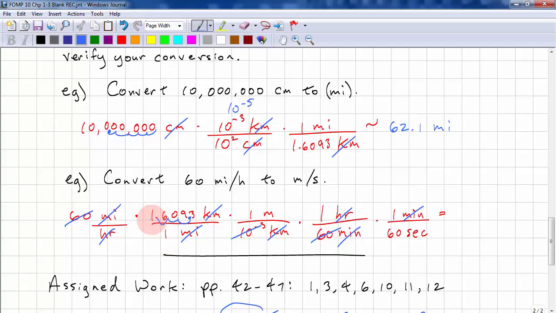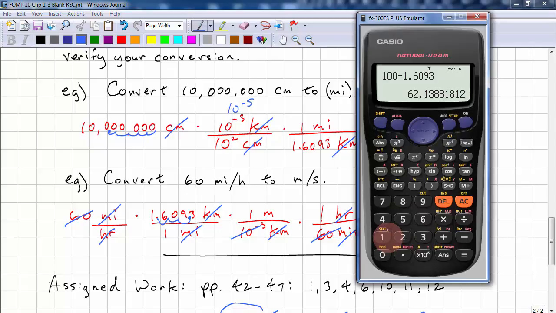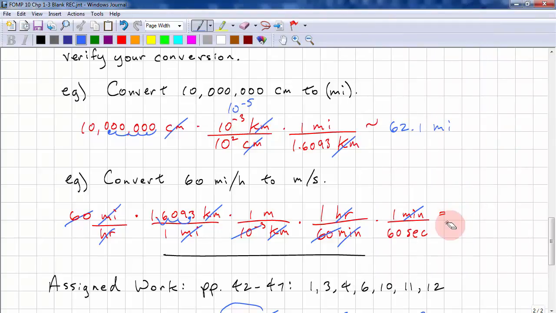So all I need to do is take this and divide it by 60. 1609.3 divided by 60. And we want to see this as a decimal value. And we see 26.8. And this should be changed to approximately 26.8 meters per second.